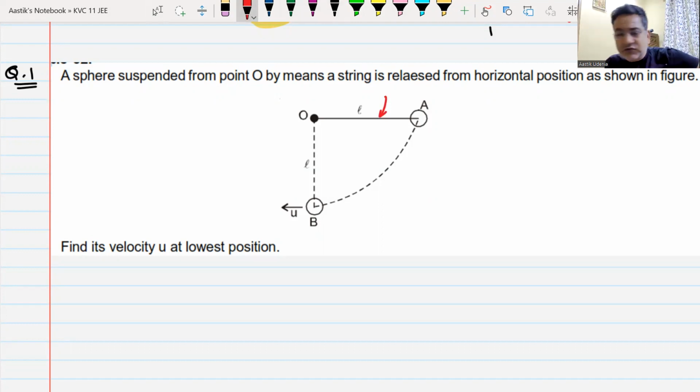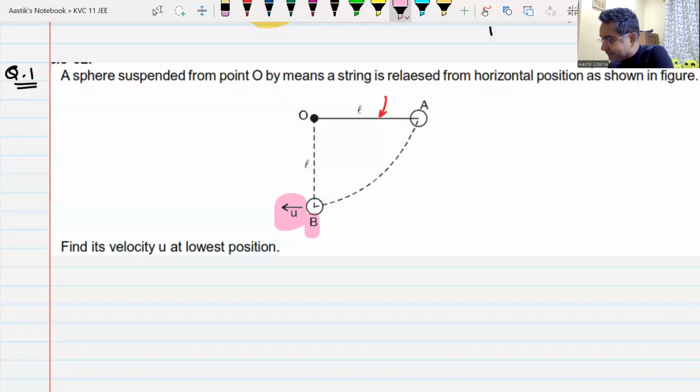It is released from the horizontal position as shown in the figure. When it reaches the lowest point, point B, it has got some velocity, u. You have to find out the velocity u at the lowest position. And I'll give you 2 minutes to give me the answer for this one.